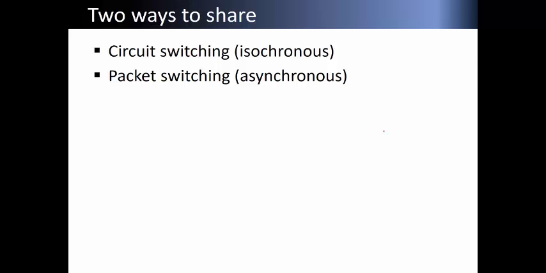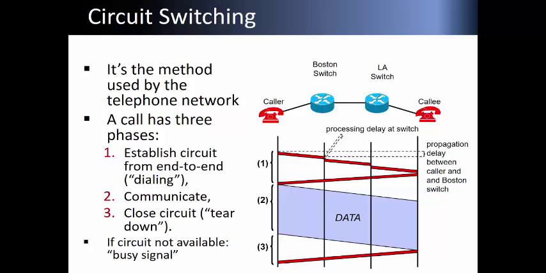We have two types of switching, circuit switching and packet switching. Packet switching is currently widely used, and circuit switching has been developed over the phone systems, but it's not really widely used.